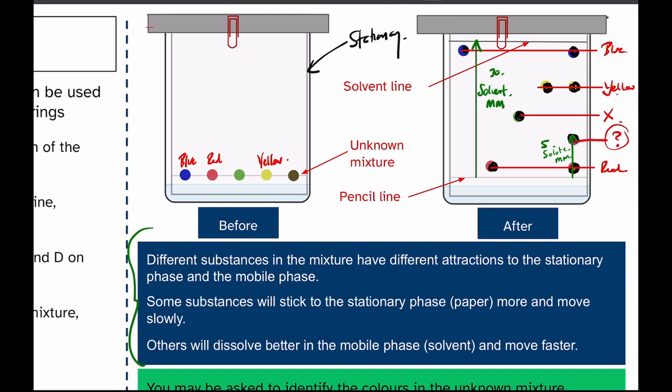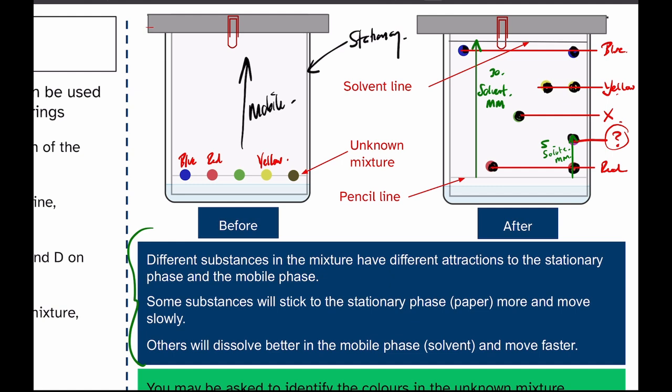The water is going to move up the paper, but the paper stays still. So that is stationary. And then the mobile phase is the solvent, because the solvent moves up when you put it in the water. And it's not just the solvent, it's the solvent with all of the different dyes dissolved in it. So this is the mobile phase.